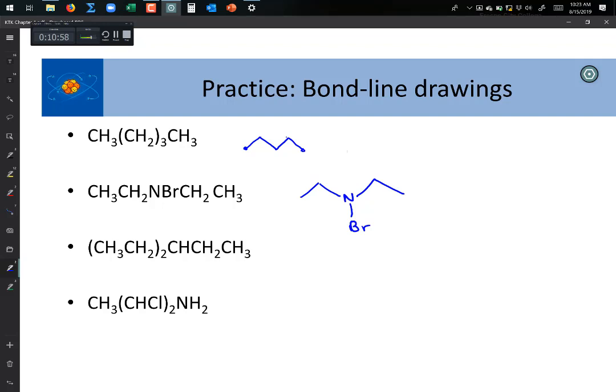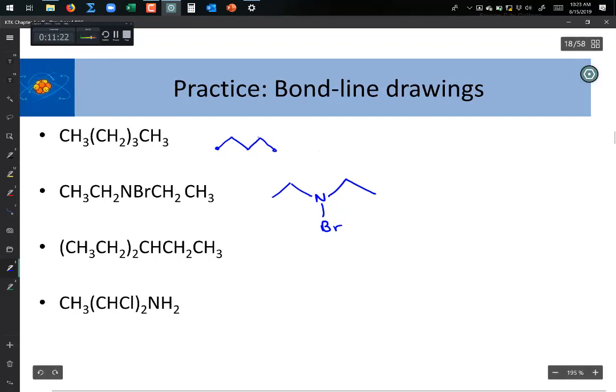The delusions are strong. Okay, so here's something that's a little trickier, right? This is CH3, CH2, but it's repeated. So one of these is a chain with these, and one of them is coming off this carbon. All right, so we're going to go like this.